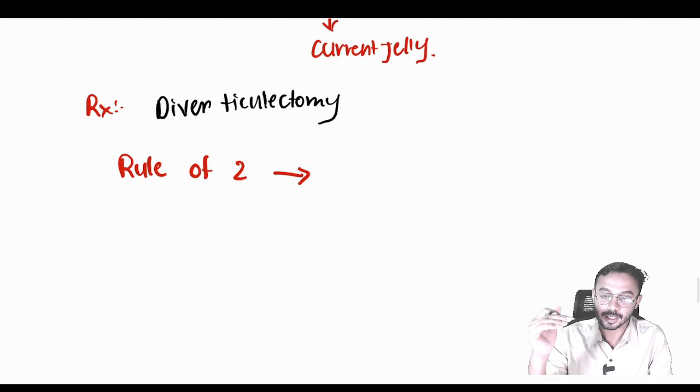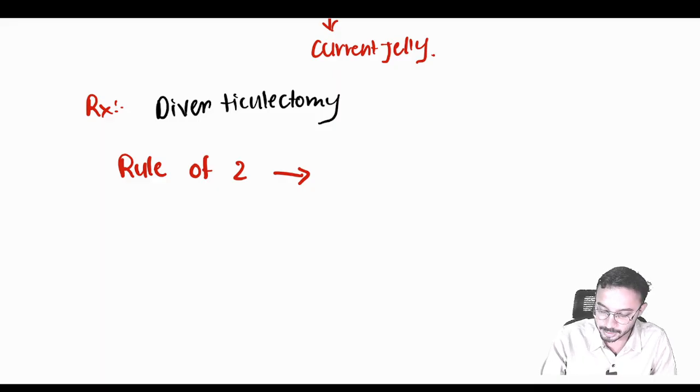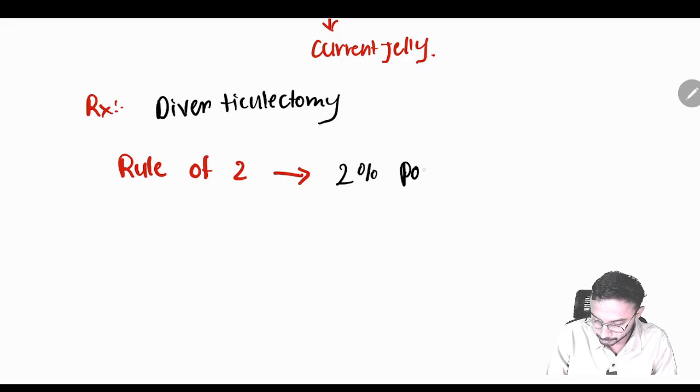So remember, the rule of 2 is used where? In Meckel's diverticulum. What do you mean by the rule of 2? It occurs in 2% of the population and is 2 inches in size.